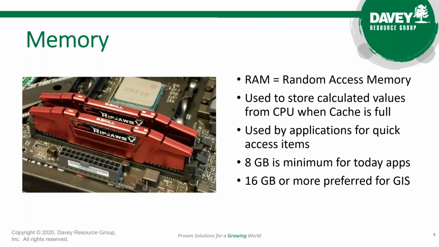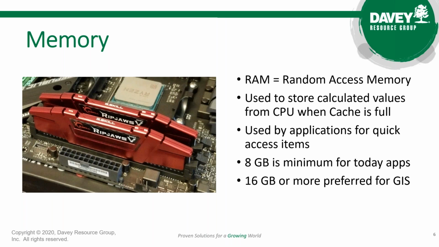So now let's talk about memory, that random access memory, RAM, in your system. So this is certainly something we need to be cognizant of, and there's several things. Obviously, the amount. I would tell you right now for any GIS workstation that you don't want to be running anything less than 16 gigabytes of RAM.